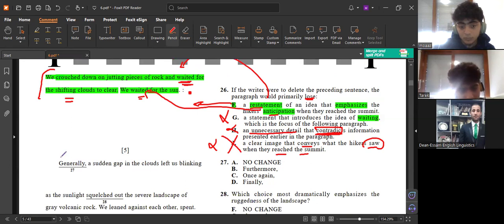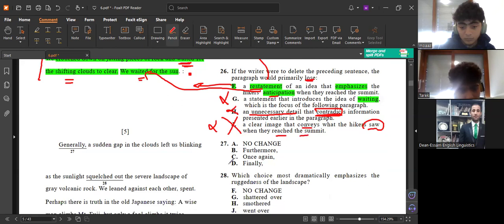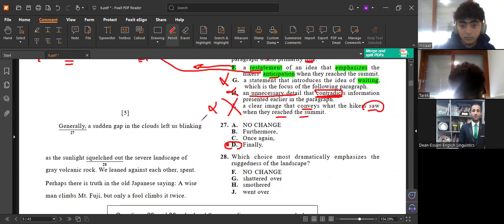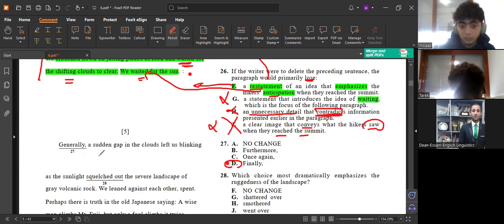Number 27 is very difficult because it's at the beginning of a new paragraph. Now we are in the last paragraph, so you expect it to be letter D. So letter D, finally. Look, so easy because you are in the last paragraph. Let's check. Are we going to explain a general fact? Are we in the first paragraph to say generally?